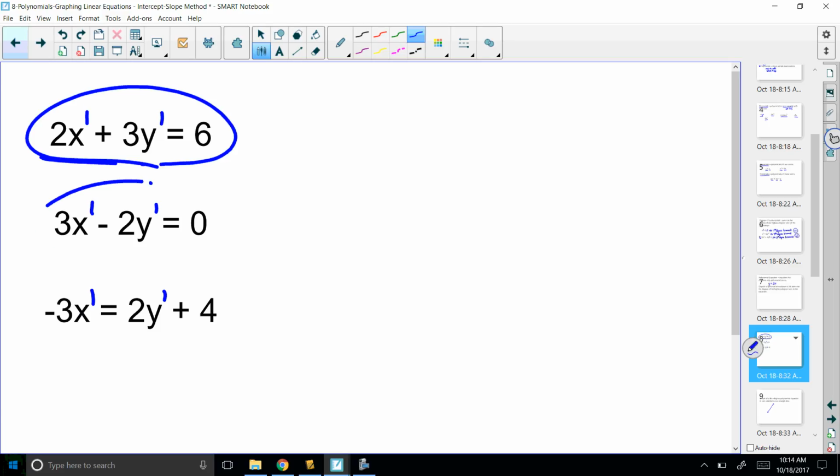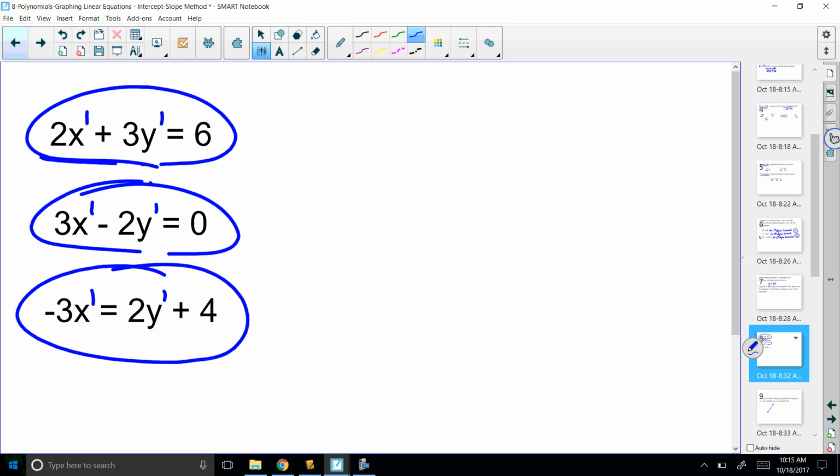Some algebraic equation that you see is going to give you a line. And the same thing for the last one, negative 3x is equal to 2y plus 4. There are different formats, different arrangements of them. I have x and y on the same side of the equation. I have x by itself. I could put y on the side of the equation by itself. We want to be able to manipulate those and rearrange them so we can graph those lines.